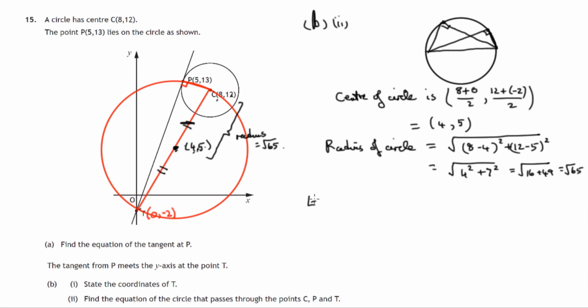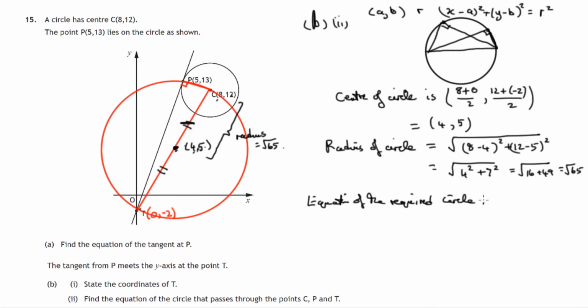So the equation of the required circle: if we know the centre is (a, b) and the radius is r, the equation of the circle is x minus a all squared plus y minus b all squared equals r squared. That's the formula I'm now about to use.